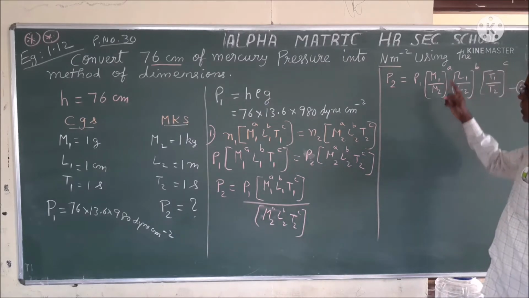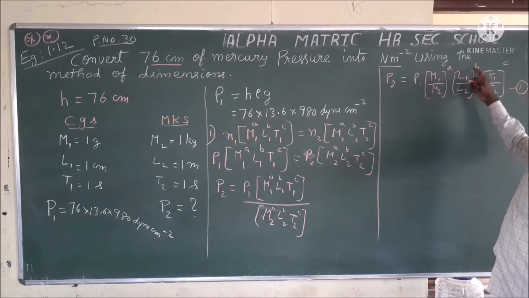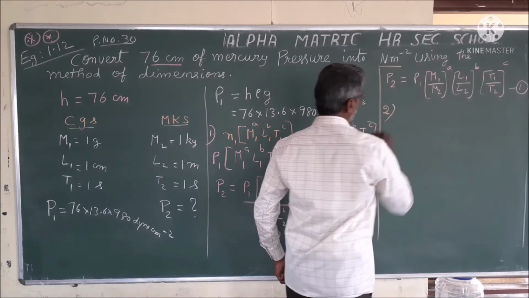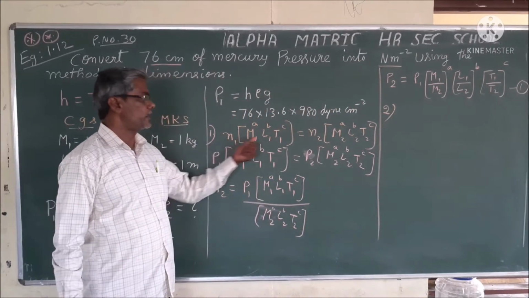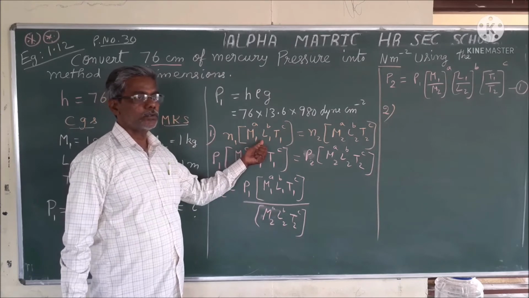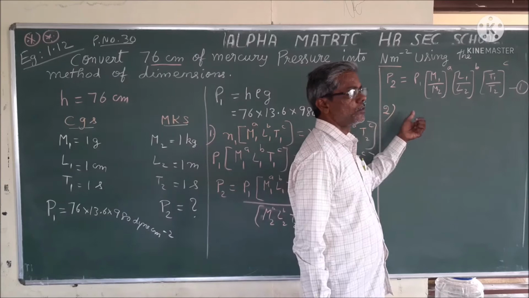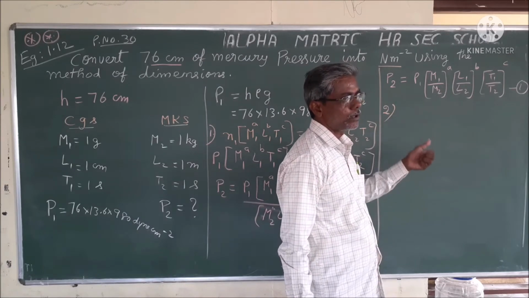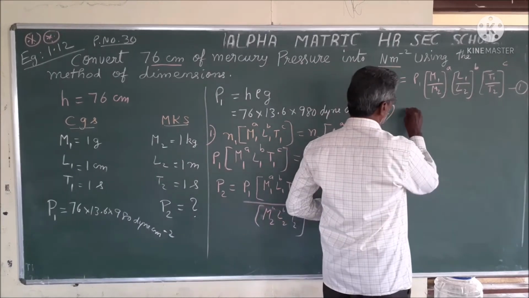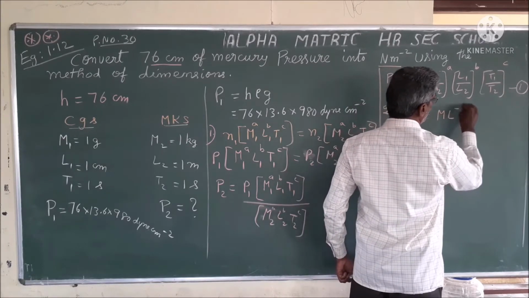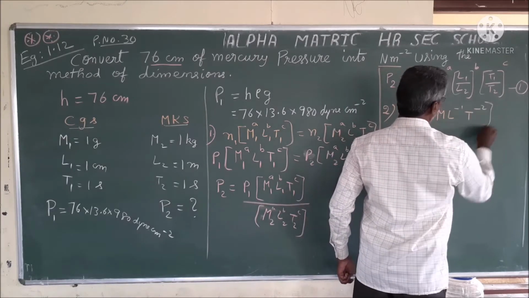So now I want to find the powers by using the dimensional formula. This is the second step. The first step is equating one system of units to another system of units. Now we go to the second step, that is, we must write the dimensional formula for pressure. The dimensional formula for pressure is M L minus 1 T minus 2.